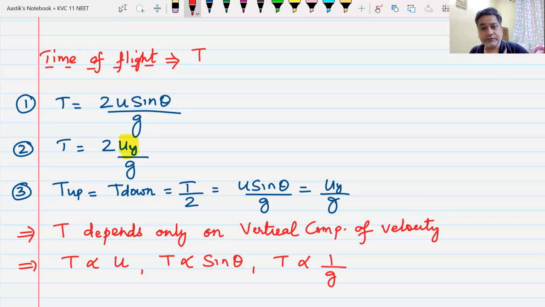On the moon, the acceleration due to gravity is 1 by 6 times. So how much will be the time of flight? If the time of flight on Earth is 2 seconds, what will be the time of flight on the moon? I can make it into a question.